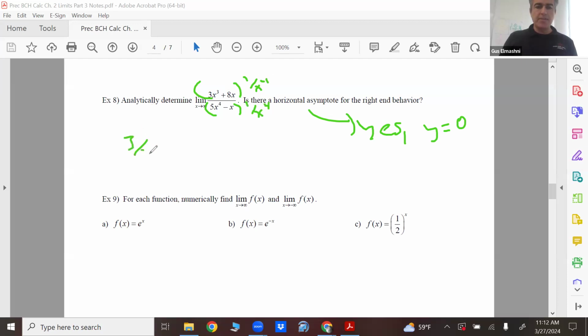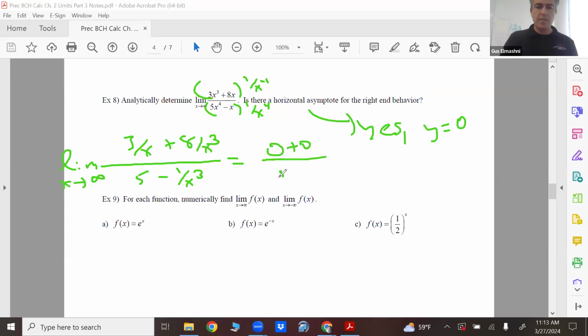So it's 3 over x, that's 0 plus 0 over 5 minus 0. You get 0.